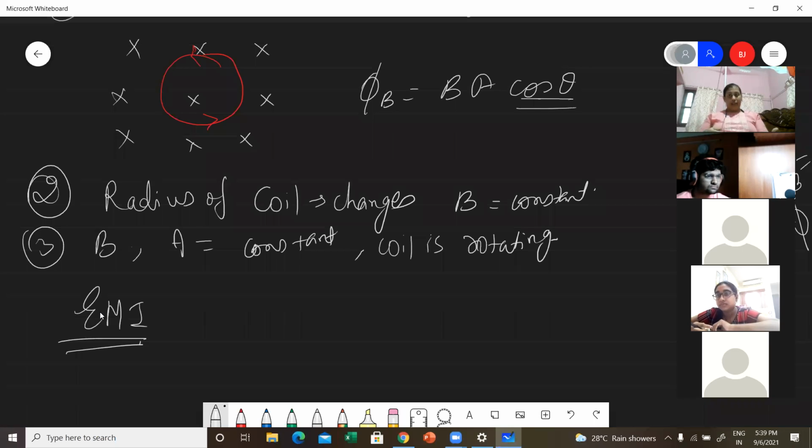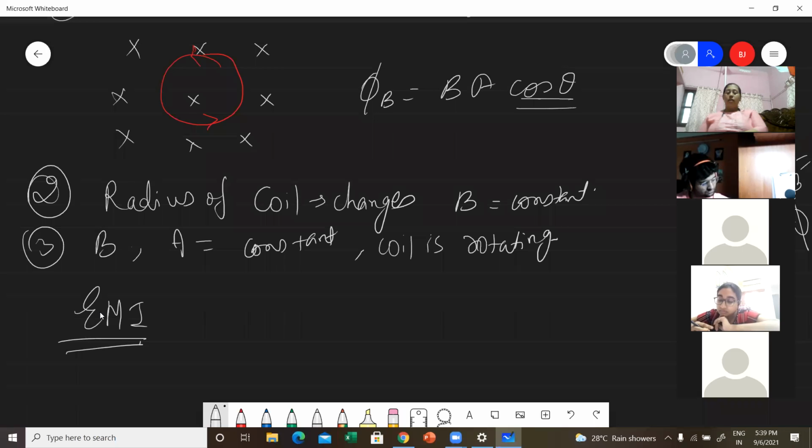If these three things are changing, my magnetic field, area, and the rotation of my coil, then if any of the three factors affects the flow of current, whether increasing or decreasing, that current is my EMI. And who is responsible for the change of EMI? That is my potential difference. That is my EMF.